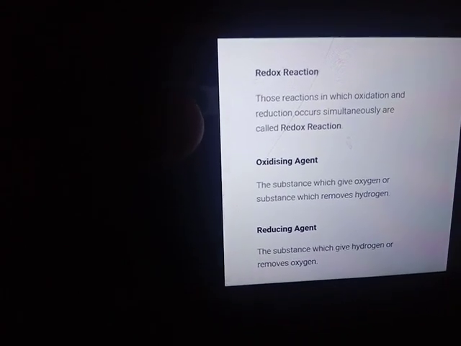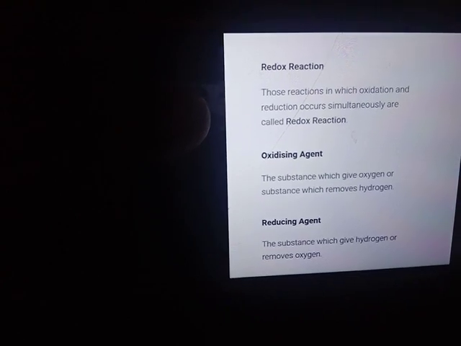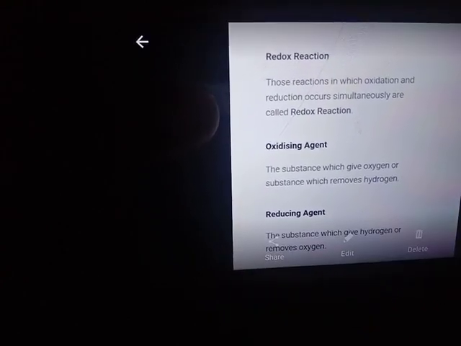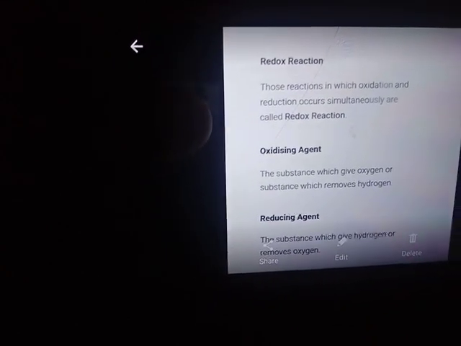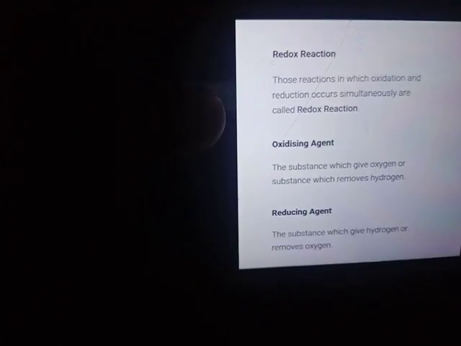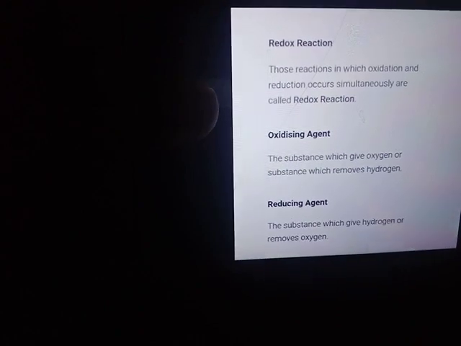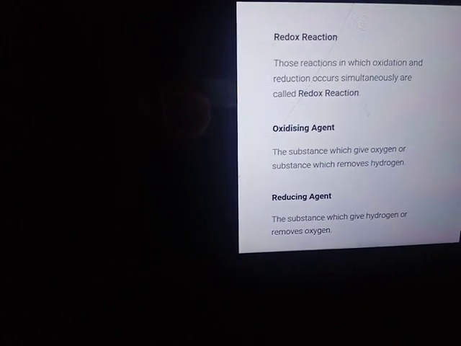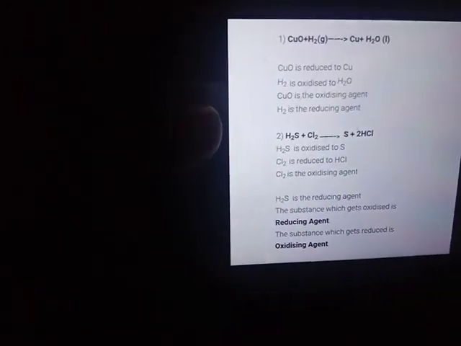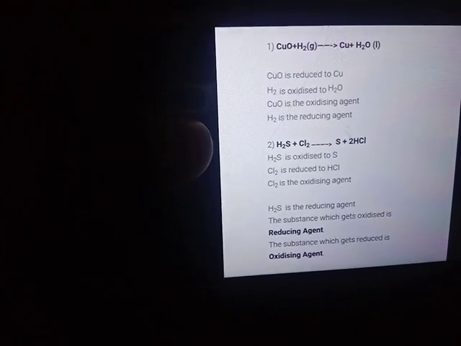Now what do we mean by oxidizing agent? The substance which gives oxygen or removes hydrogen. And reducing agent is the substance which gives hydrogen or removes oxygen. So now let us take one example.